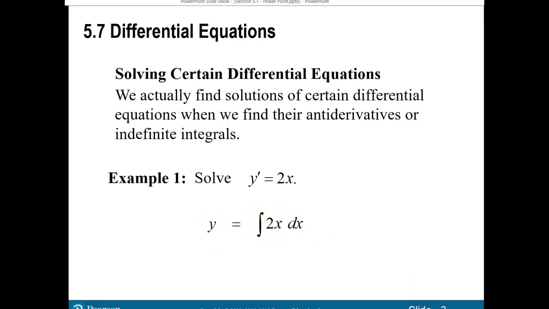That works backwards. So the indefinite integral of 2x would be x squared. And then remember, we add the plus c at the end. This is called the general solution. In other words, we're looking for the function whose derivative is 2x. C can be any constant because the derivative of a constant would be 0.